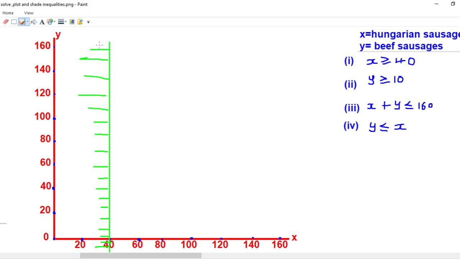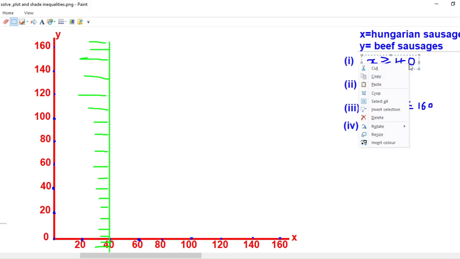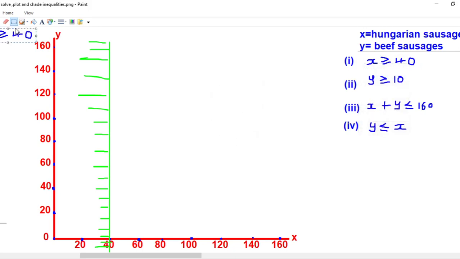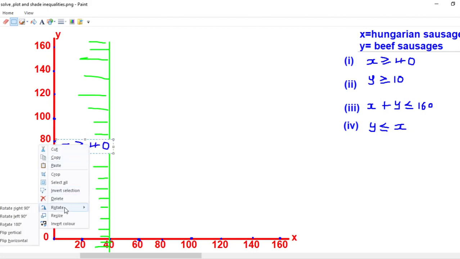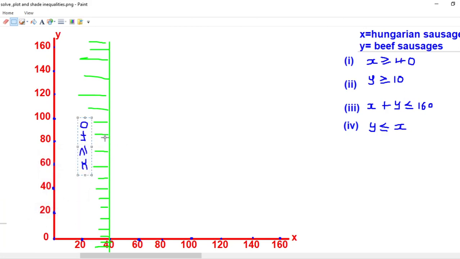This is where we are shading, right? This region is represented by this inequality, so I will write it here so that you can see.